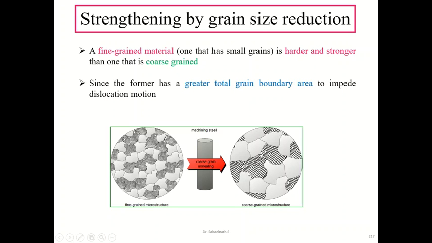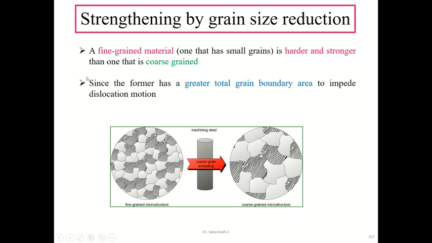But in the case of a coarse grain microstructure, the dislocation movement will be easier due to its larger grain size. Thereby, by decreasing the grain size, we can increase the strength of the material.